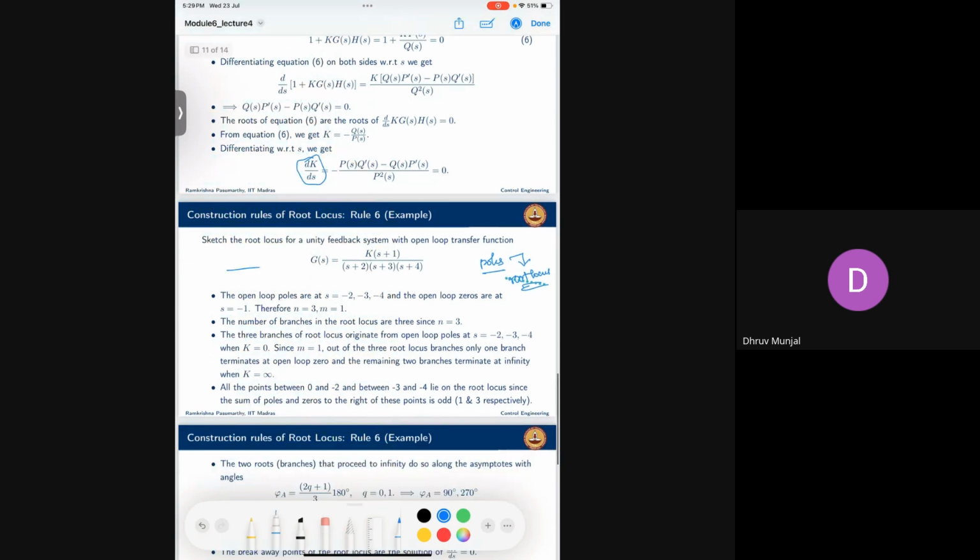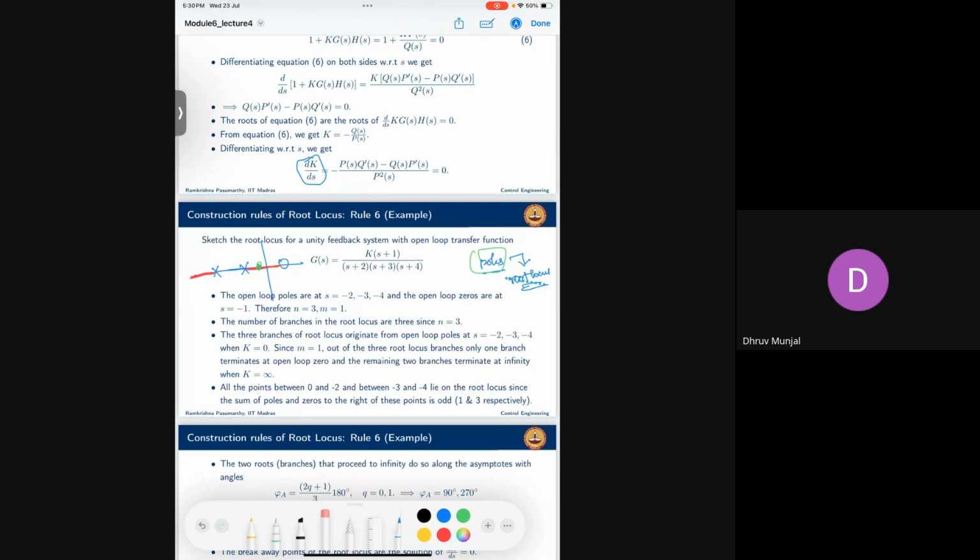For example, here this will be in the root locus and this will be in the root locus, the red color. If I get a point here as a breakaway point, sorry, some point I have found lies here, how can I call this? Is it a breakaway or break-in point?